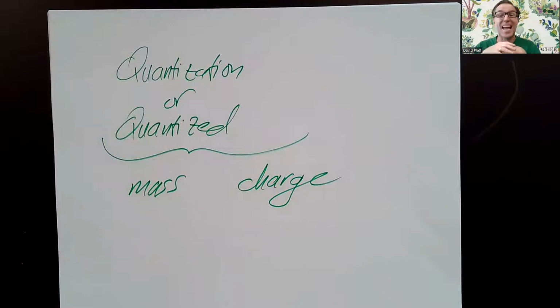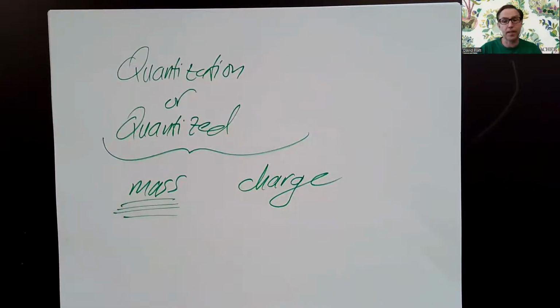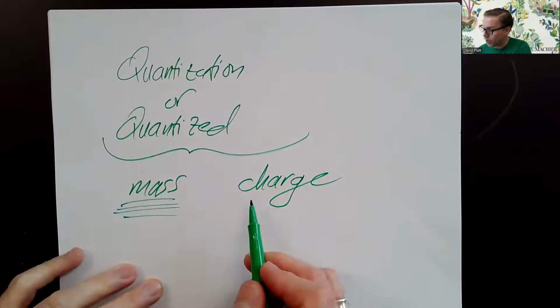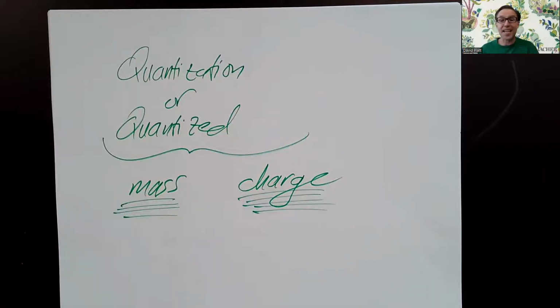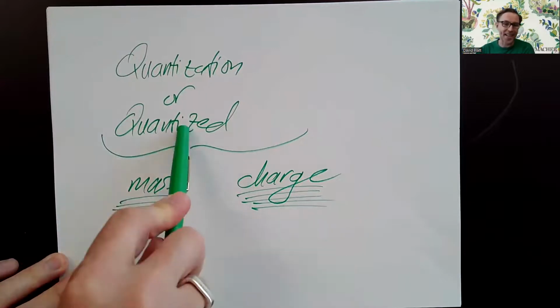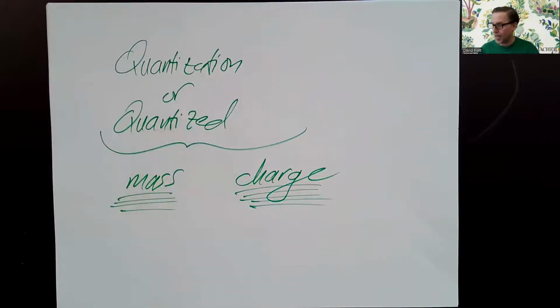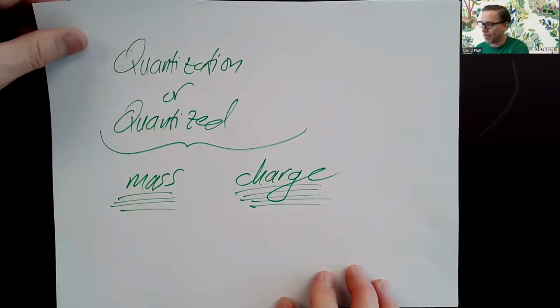I cannot have 3.5 carbon atoms. And therefore, mass is quantized. Same with charge. Charge is quantized because I can have the amount of charge that's on 1 electron, or twice that, or 3 times that. But I can't have 3.5 times the charge of an electron. I just can't. So mass and charge are quantized. And this was just a good time to mention that principle.